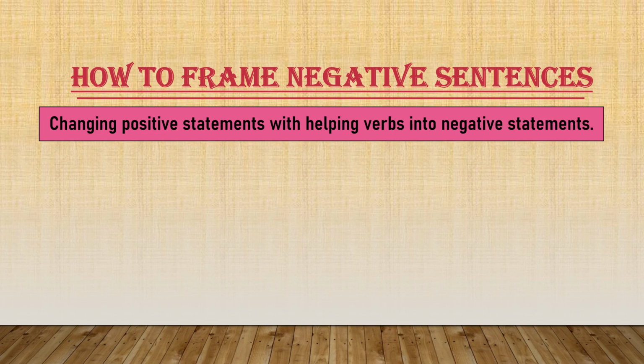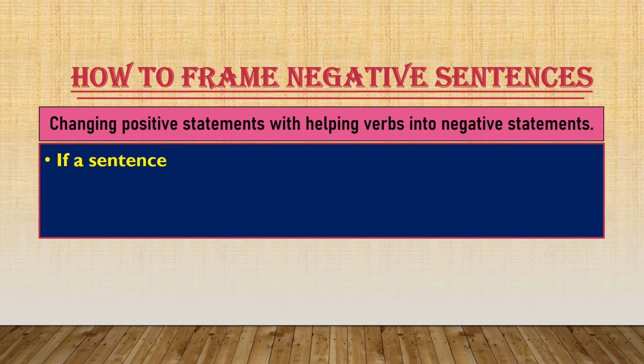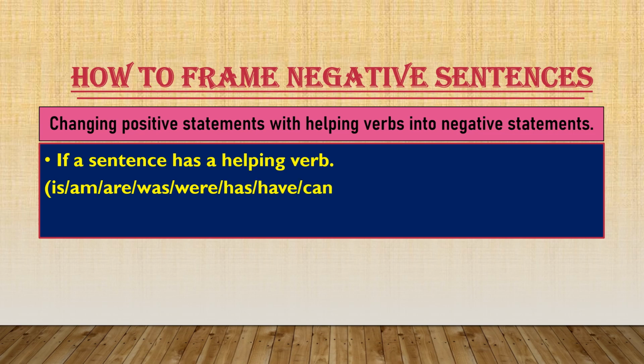The first one, changing positive statements which are having helping verbs in them into negative statements. For that, you just have to read the sentence and find out the helping verb in the sentence. Now, first of all, we need to discuss what a helping verb is.